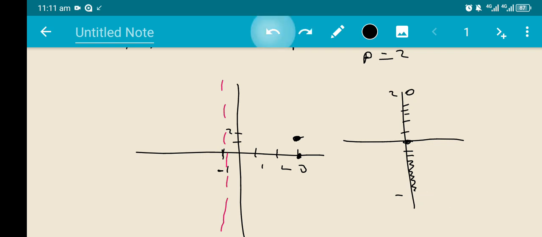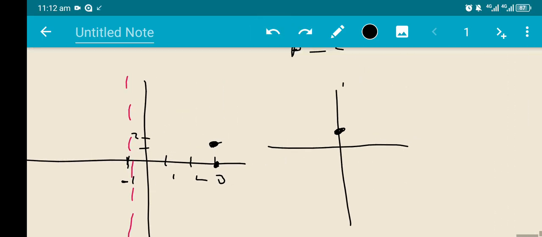Then if we didn't start from the origin, but started somewhere here, maybe that's where the vertex was, then if we're moving up by 5 units, this here is 1, then 2, 3, 4, 5, and 6.